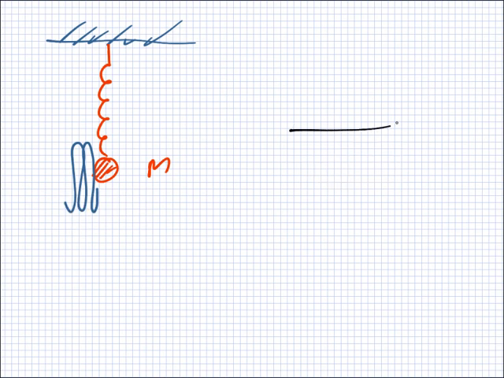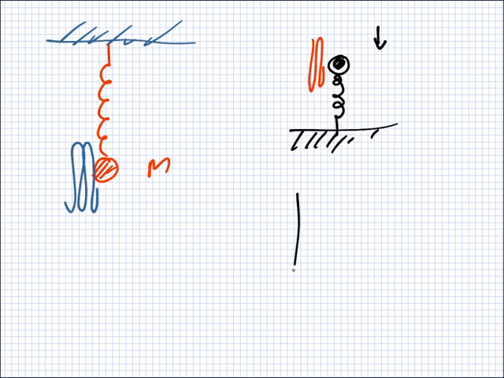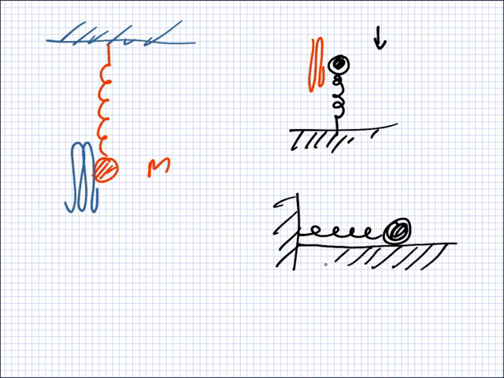Or maybe it's on the ground, and there's a mass here, and somebody pushes down on it, and it starts to bounce up and down like this. Or even it could be on the side, like this, maybe on a table, and somebody pulls it to the right and it moves back and forth like this. Yeah?